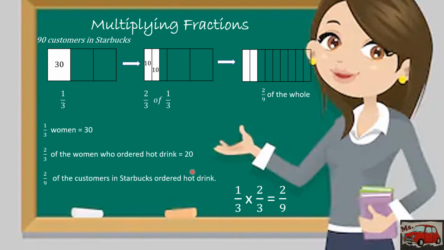Alright? Now, ang tanong natin is, ilan ngayon sa buong Starbucks yung fraction ng mga umorder ng hot drinks? Kanina, yung fractions lang sa grupo ng kababaihan na umorder ng hot drinks. Ngayon, ang tanong is, ilan yung fraction sa buong Starbucks ang umorder ng hot drinks?